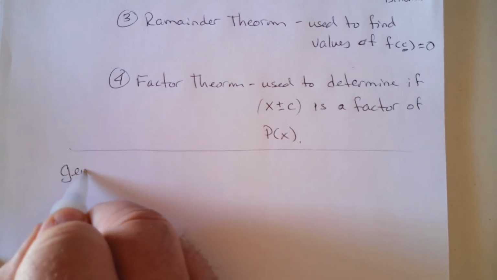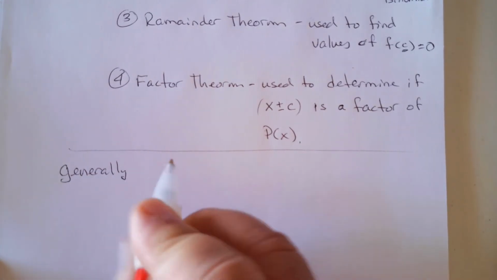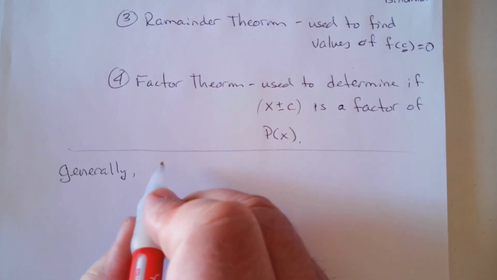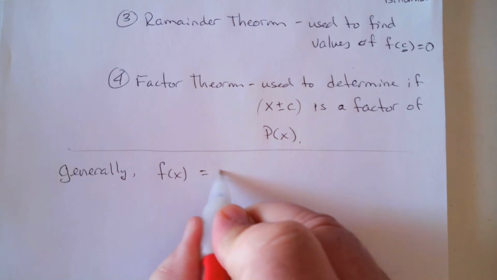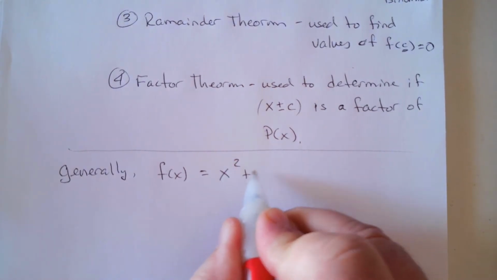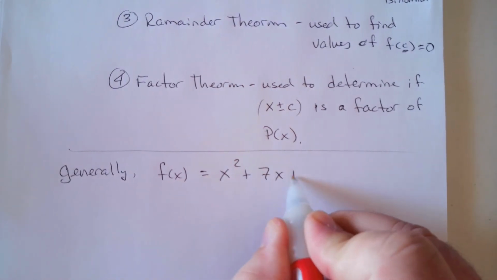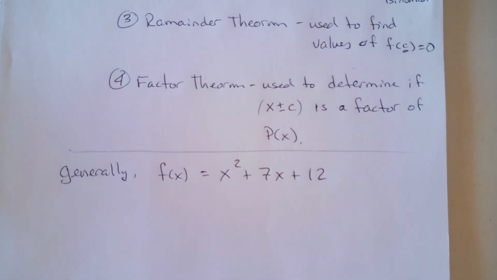Generally, we know that, let's say we had a function, f of x equals x squared plus 7x plus 12. We figured out in the last chapter how to factor those.